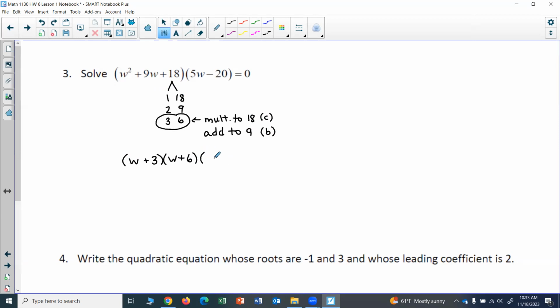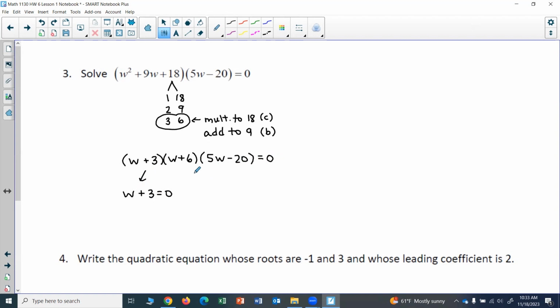And then, of course, I have my 5w minus 20. I don't want to forget that one. All equal to 0. And now the zero factor property tells me that each factor, since the equation equals 0, each factor can be set equal to 0 to find all of the solutions.